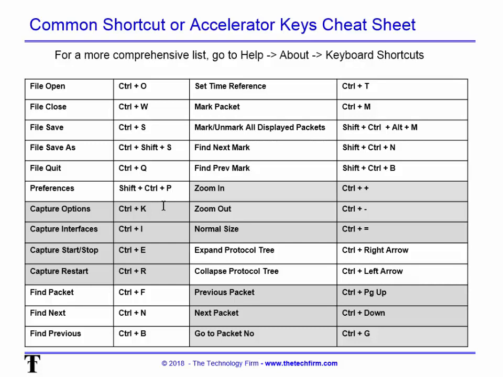Once you start capturing stuff, Control E is a dual purpose set of keys. Control E will end, which is easy to remember, E for end, but it also starts the capture as well. So think of it like a toggle, start, stop, or stop, start, however you want to remember it. And then lastly is a restart, which we're going to talk about in just another slide or two, which is completely different than start or stop.